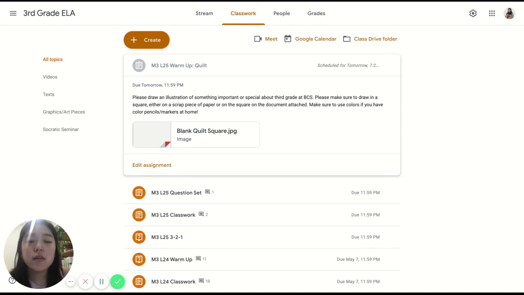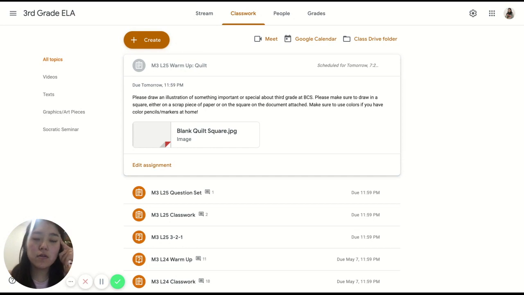Okay, so it's important that if you're using scrap paper at home, I want you to draw a black square and then draw your illustration and color inside. Or if you have a printer at home, I attached a document or a picture that you can download and print, and there's a black square that I want you to draw your illustration inside of.